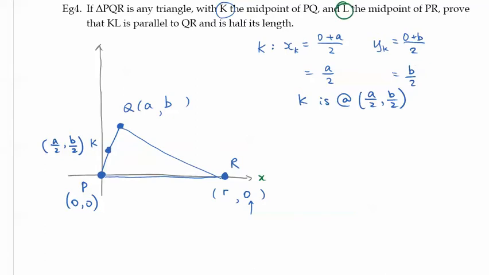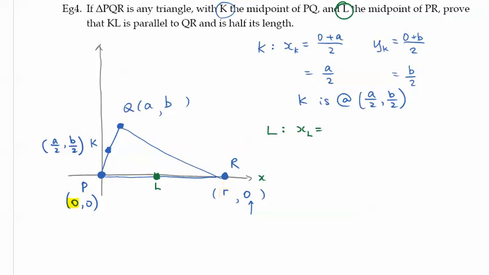And then there is a point L, halfway between P and R. If this is the midpoint on the line PR, I can do the same thing: calculate the x coordinate of the point L by taking the average of the x coordinates, adding those up and dividing by 2.